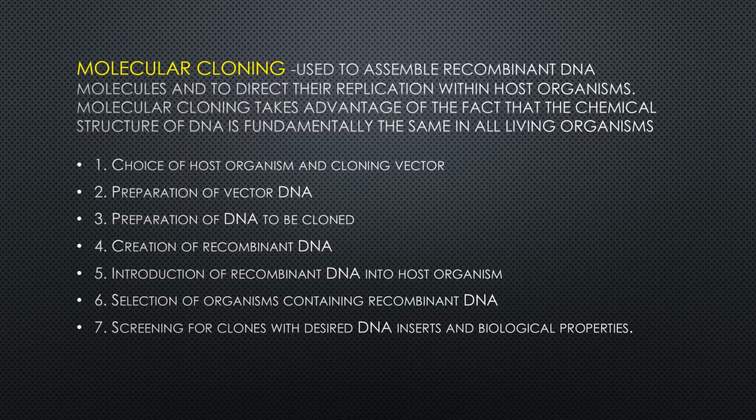And then we're going to introduce that recombinant DNA into a host organism. And in that host organism, we're going to use the DNA replication machinery to allow it to replicate that DNA over and over again. And then we're going to select for the organism containing that recombinant DNA, screening for clones with that DNA insert.